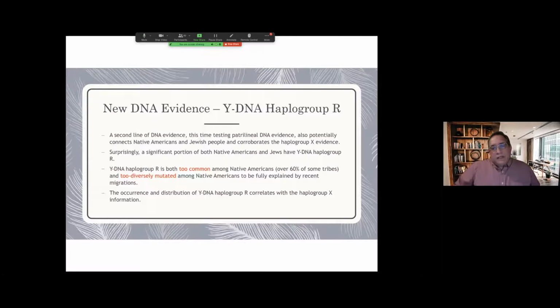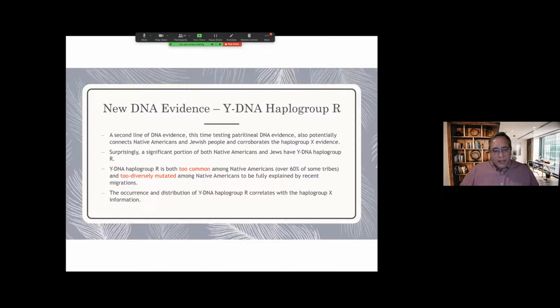Now, when they found this among Native Americans, the general assumption and common argument is that it must have come over since Columbus. It's a Caucasian DNA type.